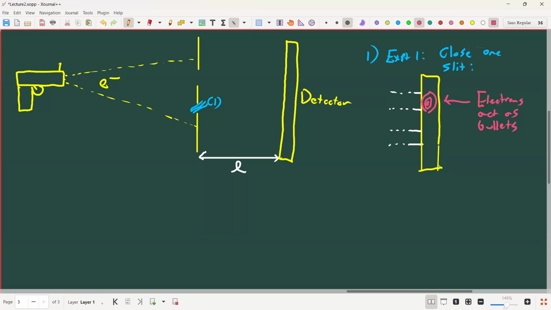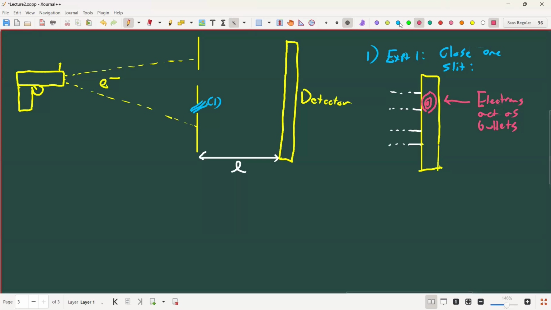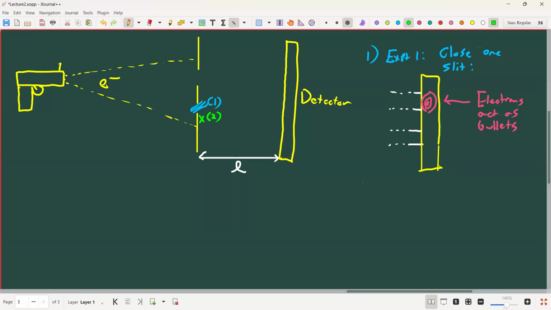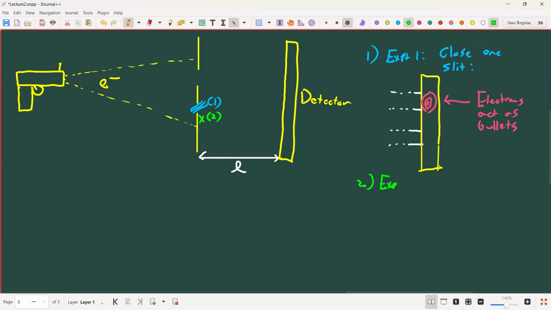Now, I'm going to show you the answer when I take that slit cover off. What do I see? Well, I take this off, right? So now I'll write 2 here with an X, which means it's open. Both slits open.